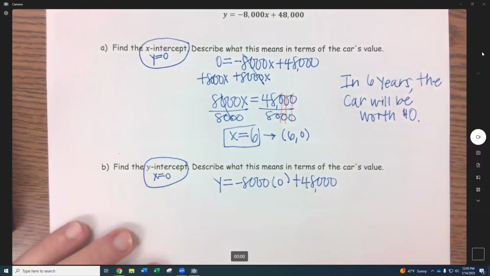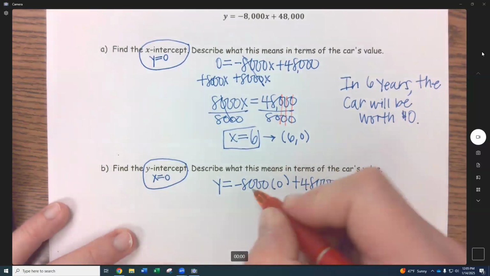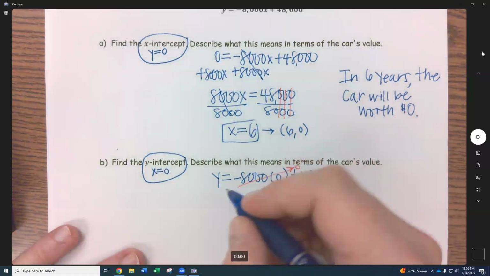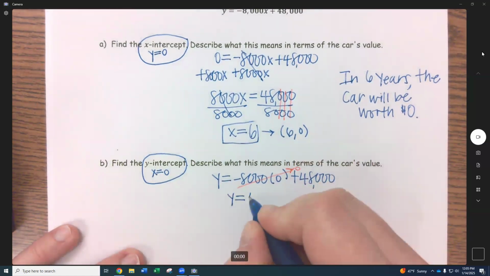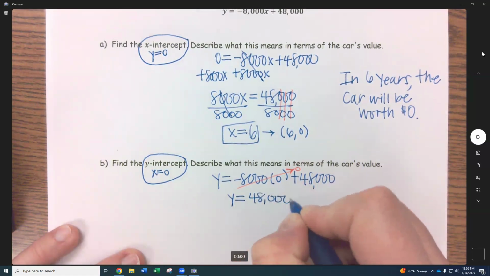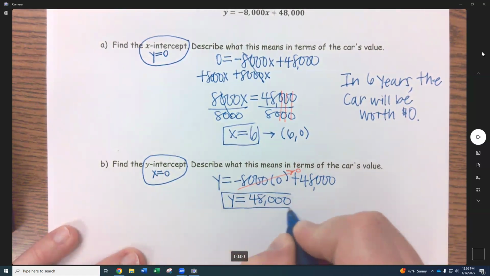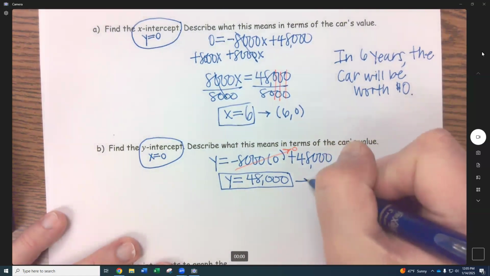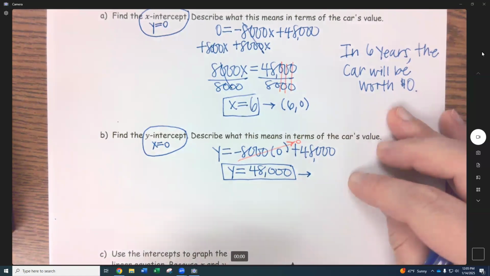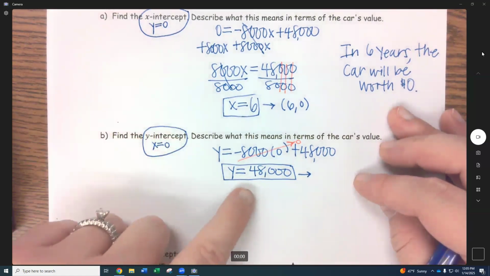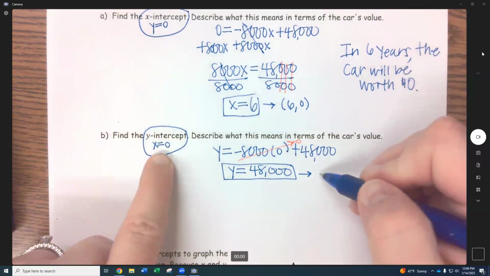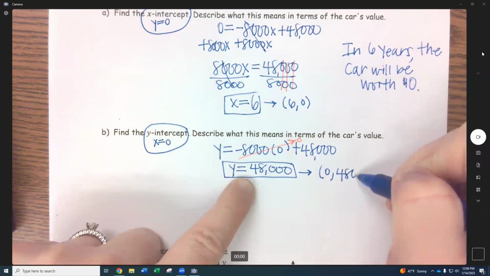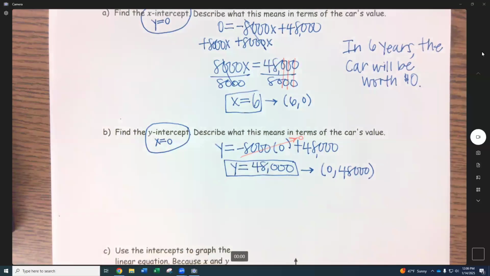Well, this one's nice and easy with that 0 right there. 0 times anything goes away. So I simply have y equals 48,000. As an ordered pair, x was 0, and we just found y to be 48,000.